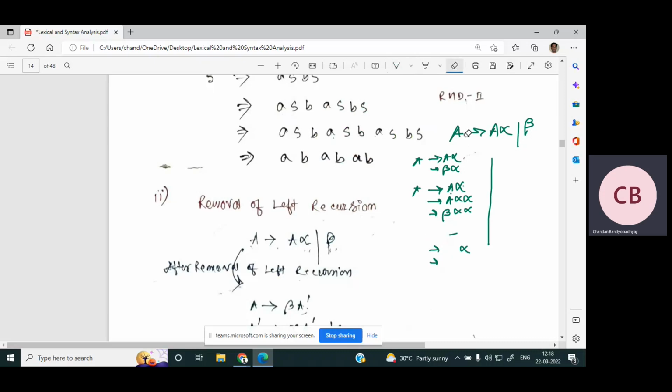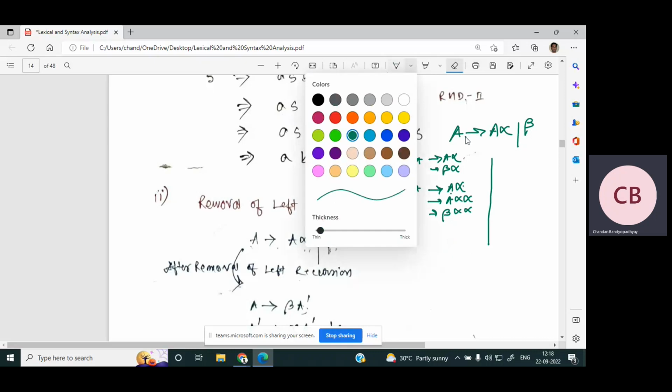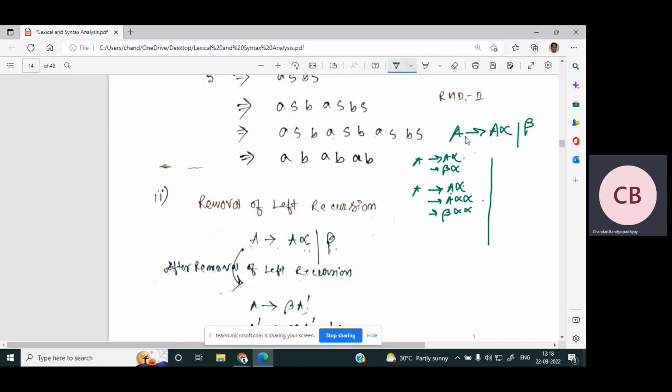I have made a small mistake over here. I should not show this part because it will be repeating the same thing again and again. It is also possible that A can generate only beta. Okay, so it will continue. Beta, I should write this in the very beginning because that will be a good one.